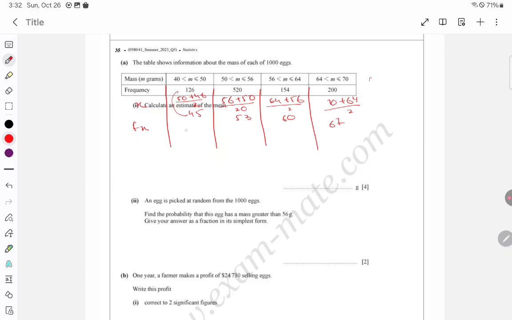Multiply with the frequencies: 45 multiplied by 126 gives 5670. Multiply, 27560. Multiply, 9240. Multiply, 13400. Add all these.